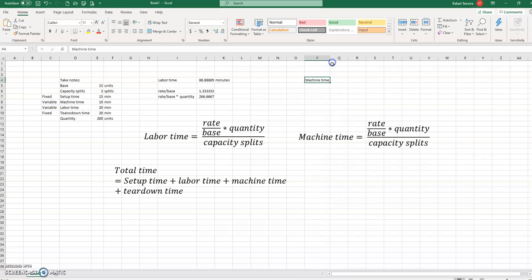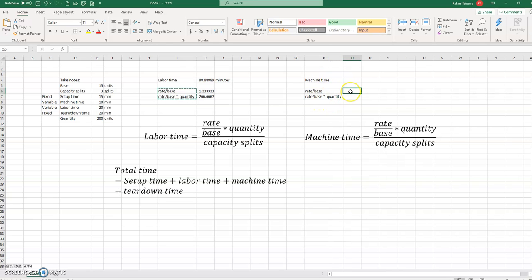In this case, machine time also has a rate over base. I'm going to copy this to save time. So for the machine, the rate is the time for machine. So it's 10 minutes divided by the base, which is 15 units. And then I get this division and multiply by the quantity, 200.